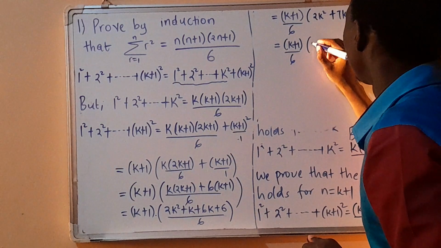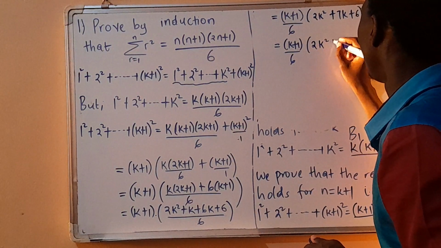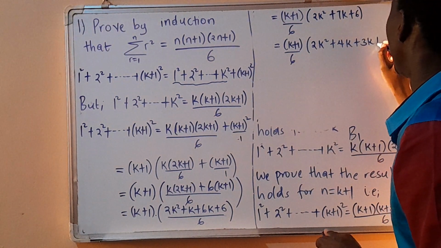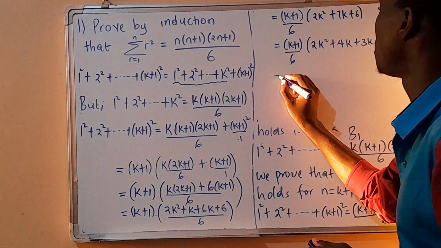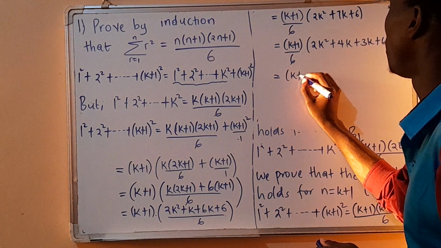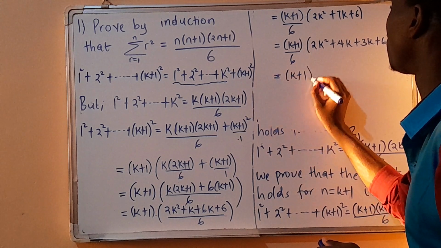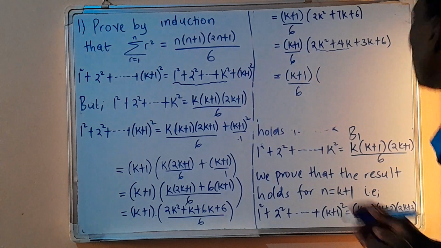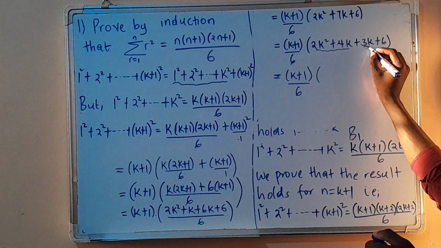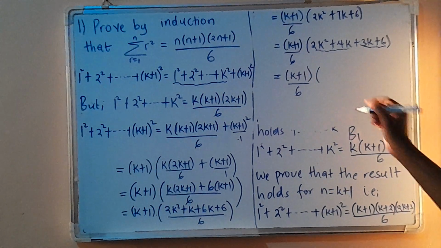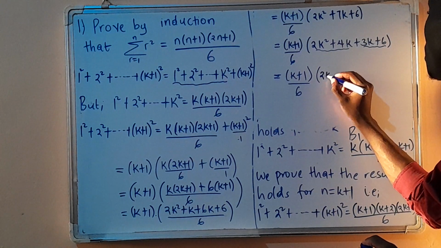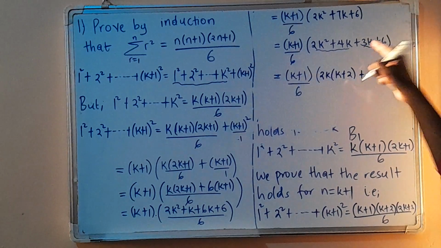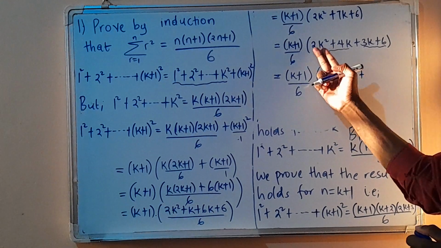So here we are going to write 2k squared plus 4k plus 3k plus 6. This is actually equal to k plus 1 over 6. So I can group those two together, also this last pair together. So 2k is common, put it outside, so I will have k plus 2, then plus 3 here is common. 2k was here and also 2k was here.